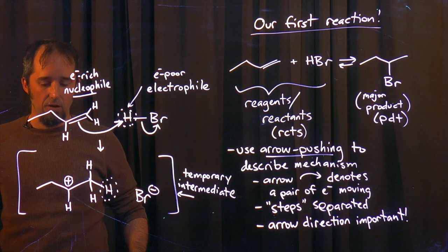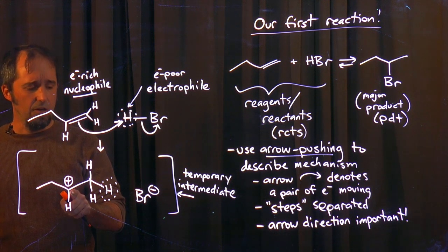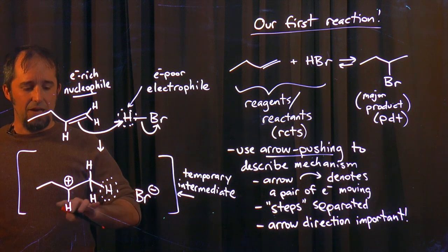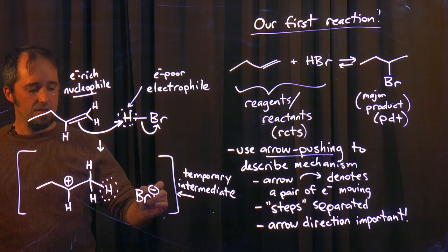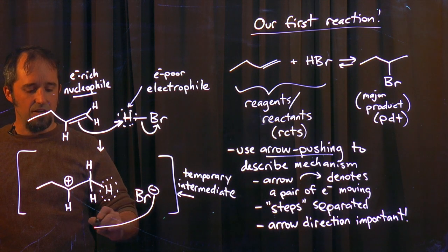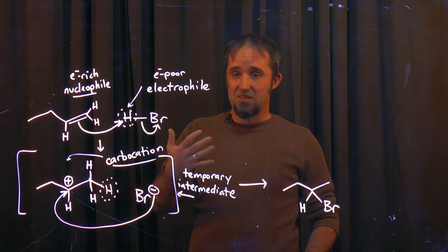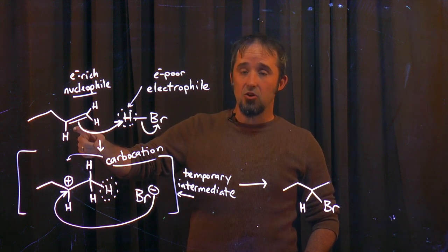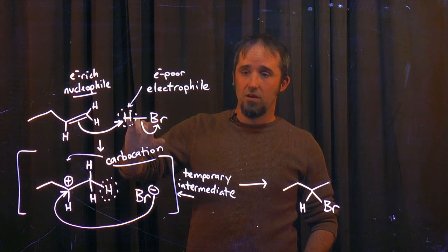Okay, so now what? Well, I've got this really positive carbon over here, and I've got this negatively charged bromine over here. So now this is electron poor, and this is electron rich. So these, here comes the arrow, these electrons will attack that carbon. To communicate this verbally, what I would say is that my alkene nucleophile attacks my HBr electrophile.